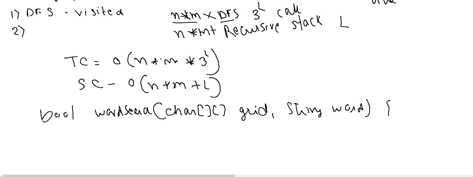Okay, so what you are going to do is, first you are going to iterate through this grid. So there will be two for loops. One will iterate through rows, and another for loop for columns, and you are going to call the DFS in this for loop. Now this DFS is going to return a boolean value, true or false.